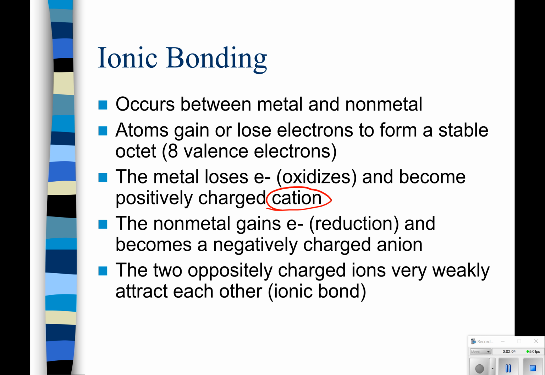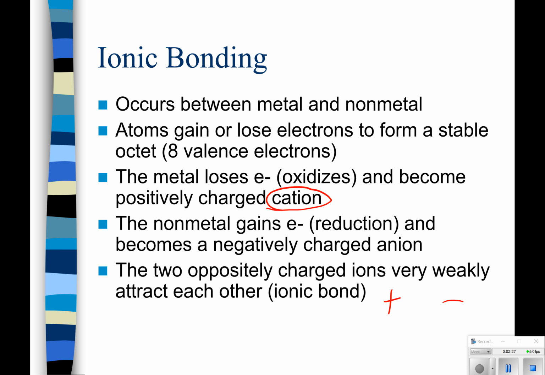And when this happens, because we have an actual exchange of a charged particle, one atom is losing a negatively charged electron, and one is gaining that negatively charged electron, we're going to create two differently charged particles, one positive and one negative.